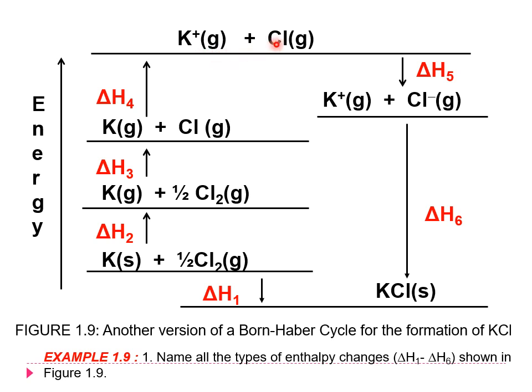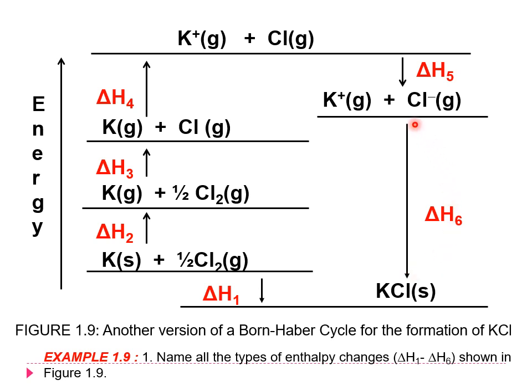Now, here chlorine is turned into chlorine ion gas. So this is the electron affinity. It goes down because it's a negative enthalpy. And you can see here the lattice energy is the biggest. So this is how you are going to see the importance of lattice energy.